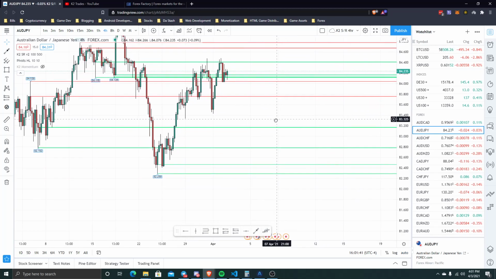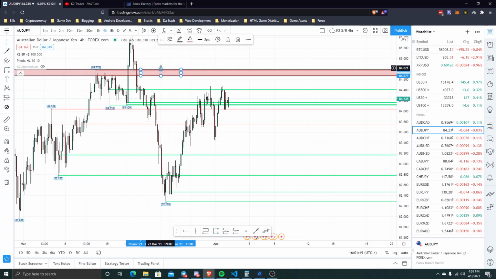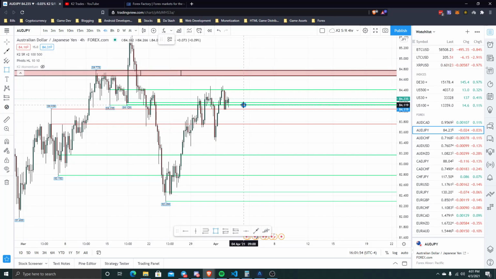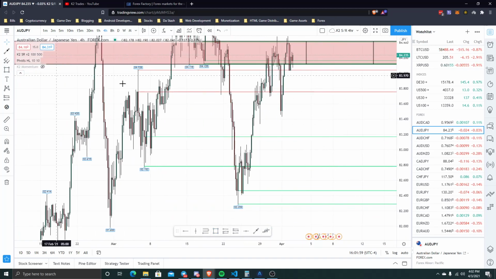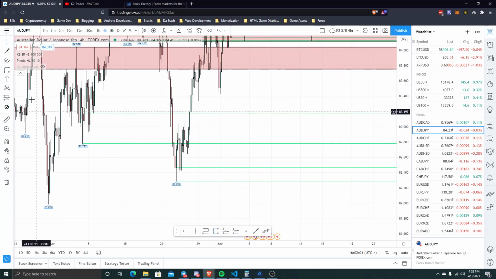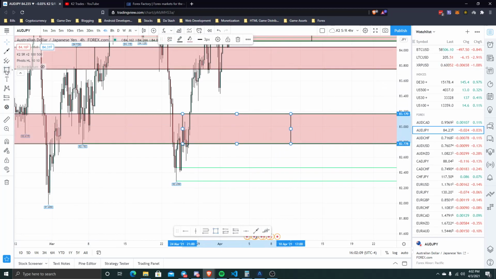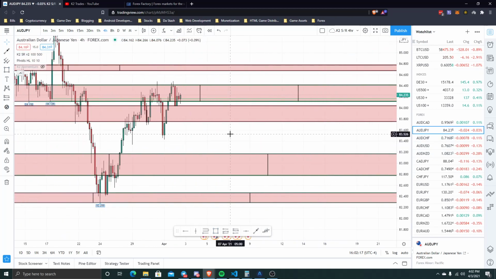Alright, so let's go ahead and draw up the zones for AUD JPY on the 4 hour. Alright, so we have our zones.